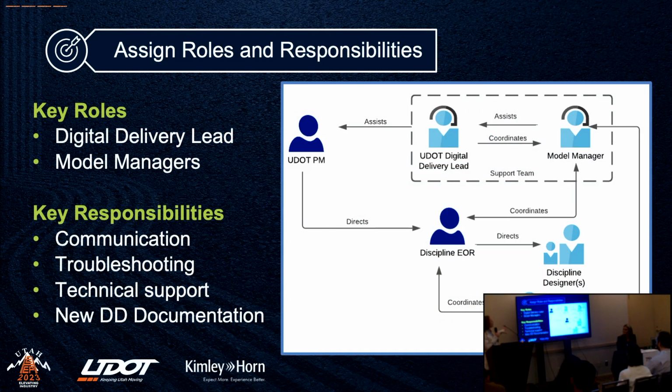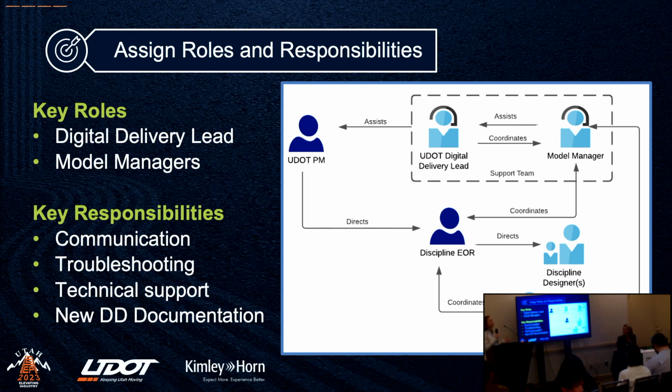So a little bit of detail here on the roles and responsibilities. We've got a digital delivery lead, which is new, and then we've got model managers. The idea is that a project team can break this apart as much as they need. In our pilot project, we had 4 different organizations really leading a lot of the effort, and we had model managers for each one.